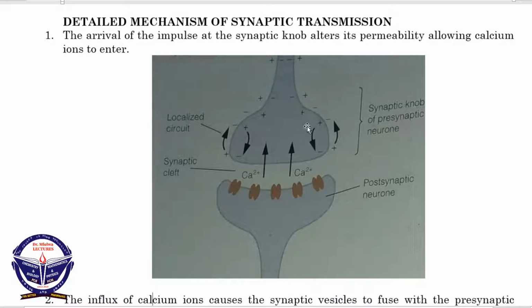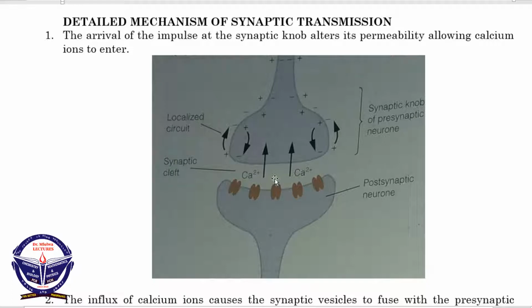After the arrival of the impulse comes the opening of the calcium channels, and the opening of the calcium channels causes the calcium ions to rush into the synaptic knob. So you see, this is the localized current that shows the arrival of the impulse at the synaptic knob, and here we have the synaptic cleft.